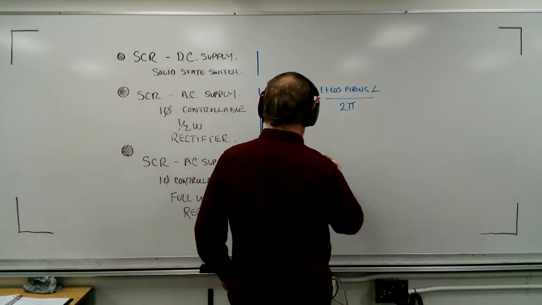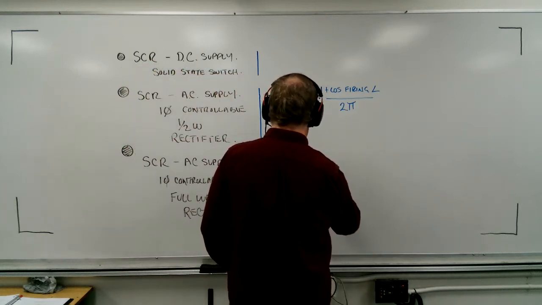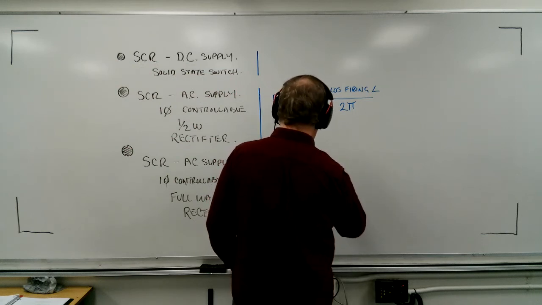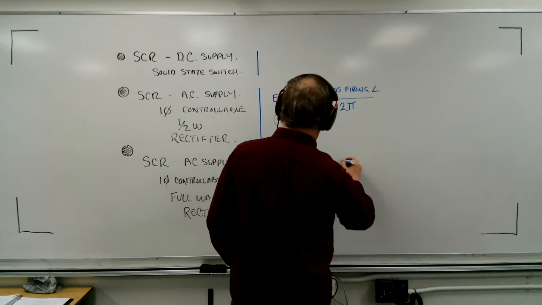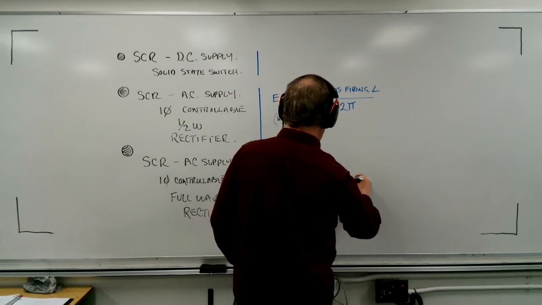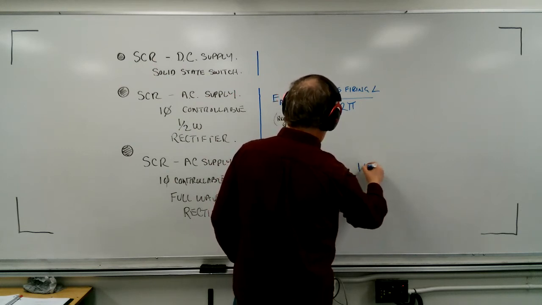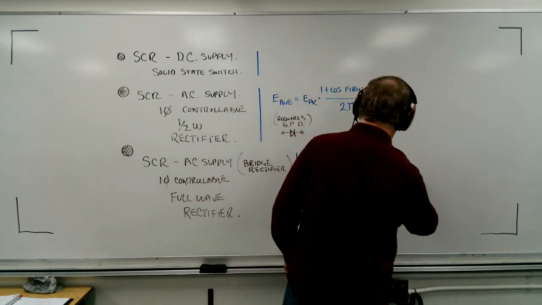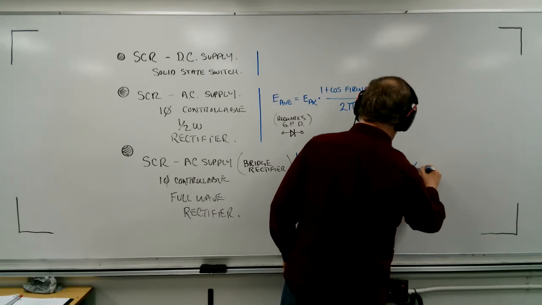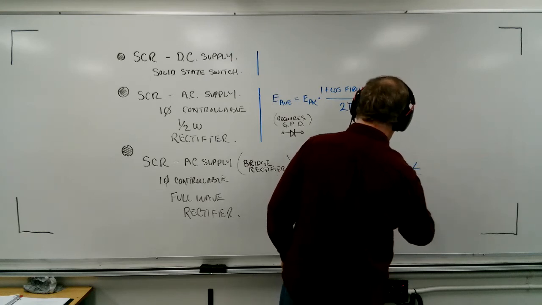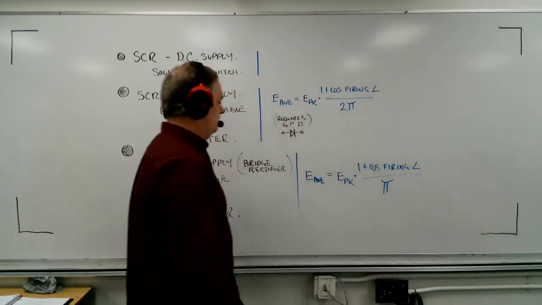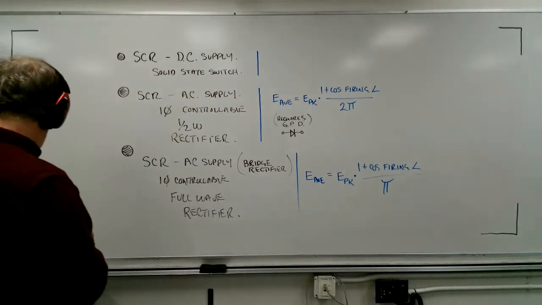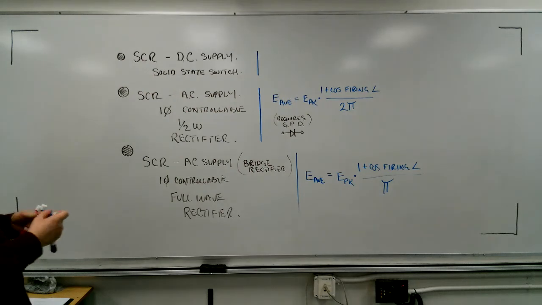And the formula, which is worth repeating, is E average is equal to E peak times 1 plus the cosine of the firing angle, divided by simply pi. Okay, so as long as we have those firmly in mind, that gives you a little bit of a summary of that.